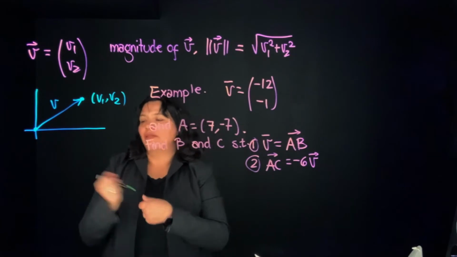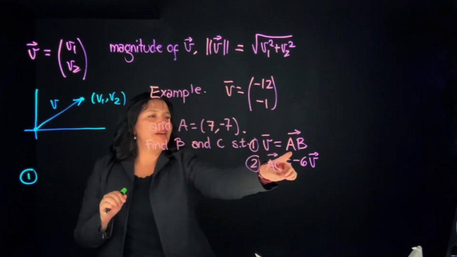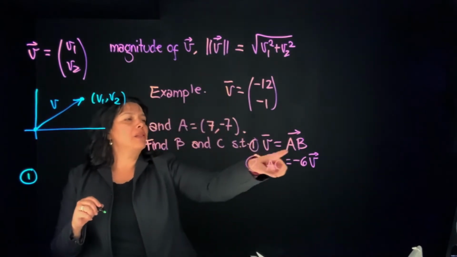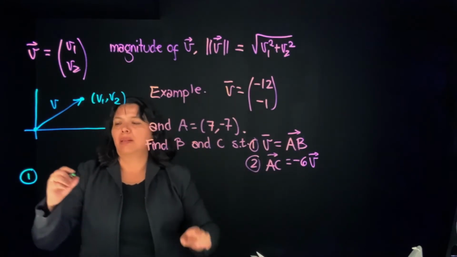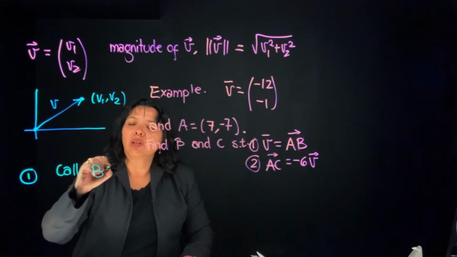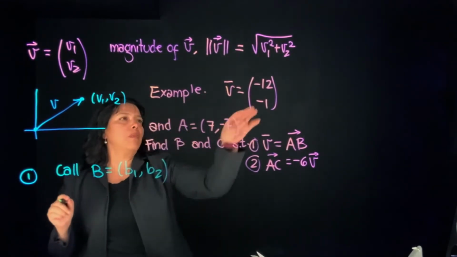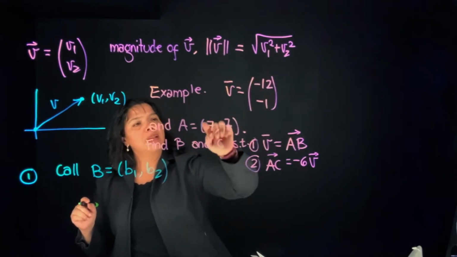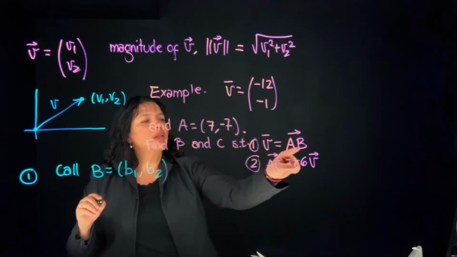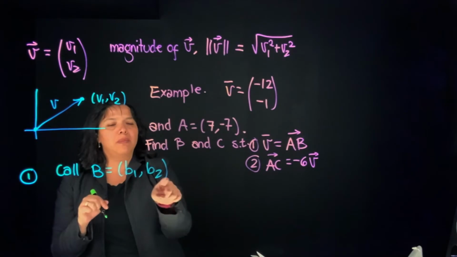So let's focus on the first problem. I have my information for A, I don't have information for B and C. So let's call B just some generic, say, B1, B2. Remember, we are in R2, and we know that because of this information we have two entries. We're not going to use C here, so let me just start with B, that is B1, B2.